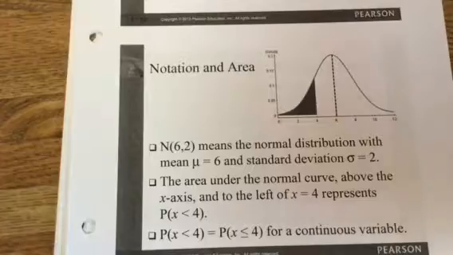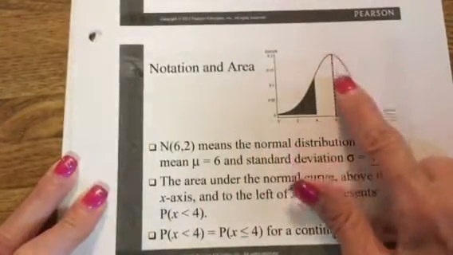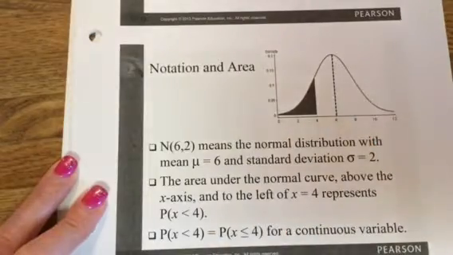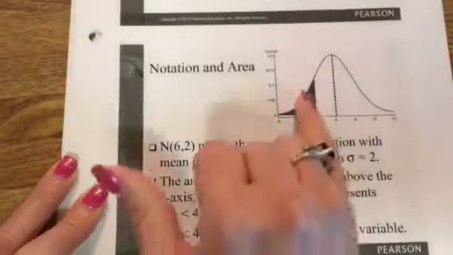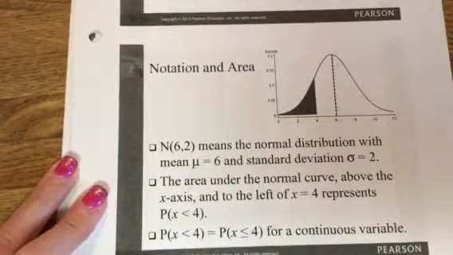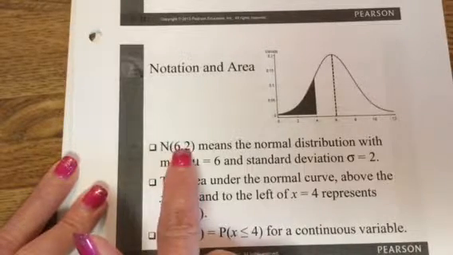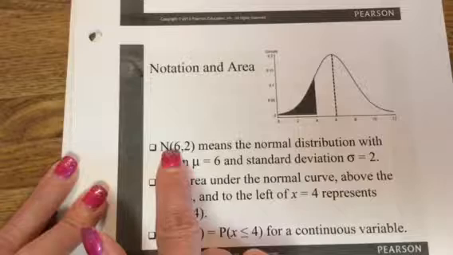Notation area. Here again we have this density curve. This dashed line here is our center, our mean. The area over here that is shaded is less than our 4. And so here they tell us it's a normal distribution. This is our mean.